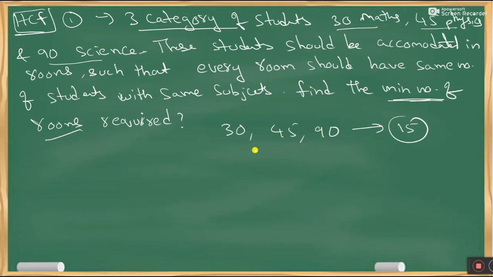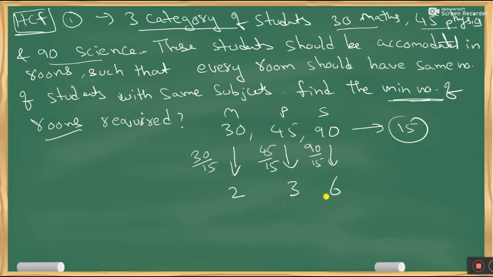So this is maths, physics, and science. Maths will have 30 by 15, which is two batches. Physics is 45 by 15, which is three batches. Science is 90 by 15, which is six batches. So there will be 2, 3, and 6 batches.